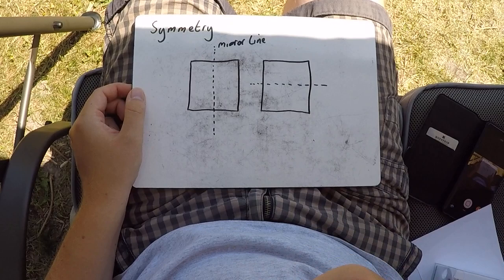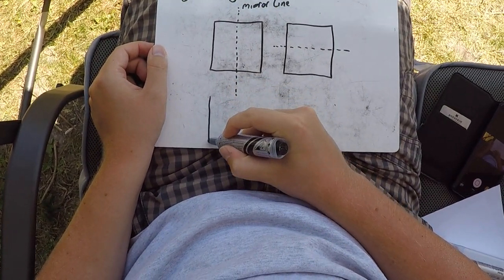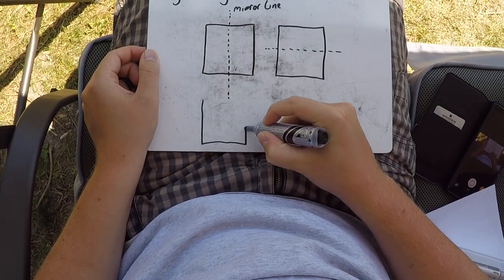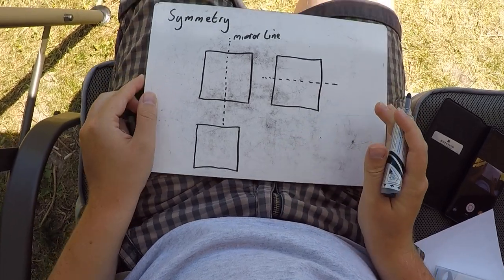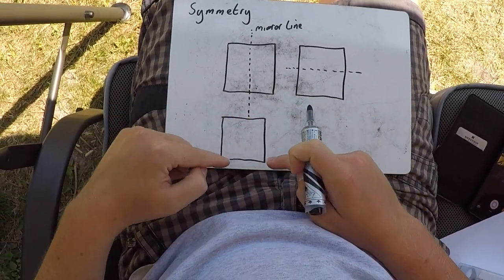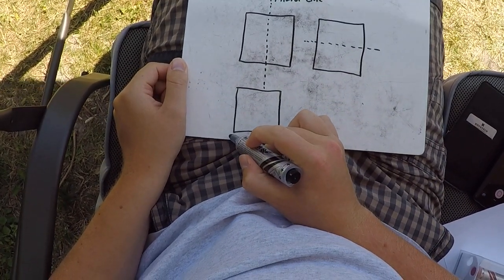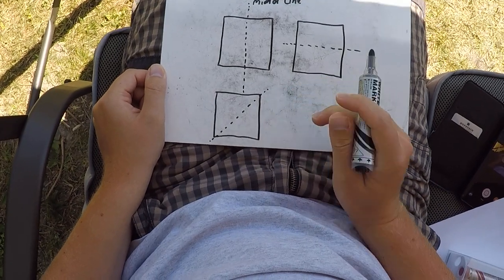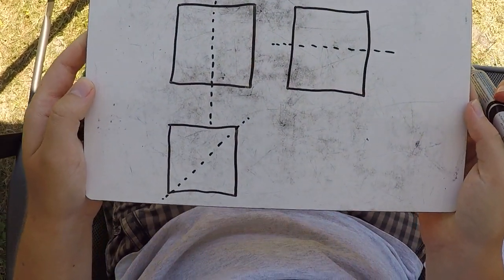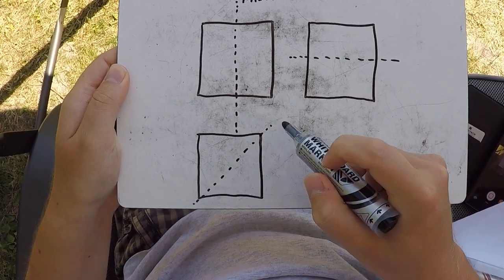Do you think you know another one? Well, again, if we know that all our angles are equal and all our sides are equal, we know that if we were to draw a line going across the middle here, that is another line of symmetry.